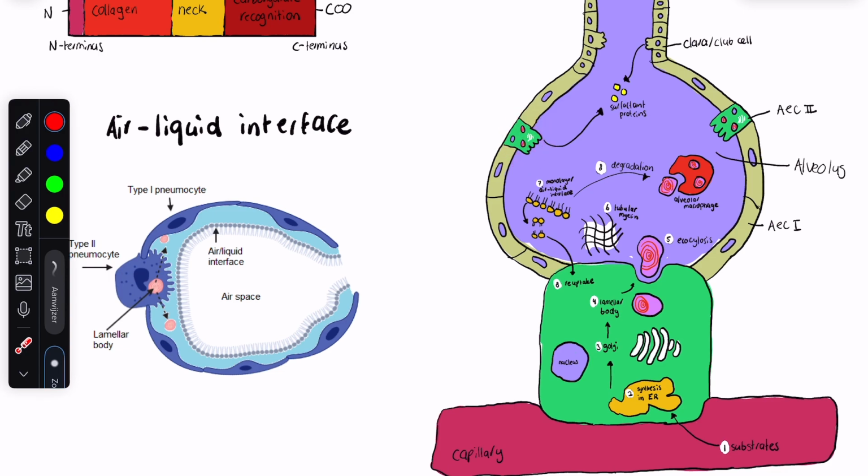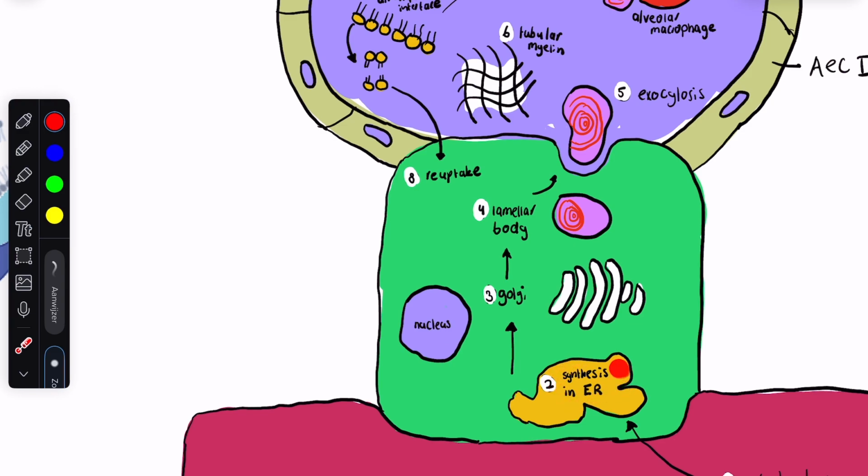And what you can see here is that normally when we eat, we have dietary substrates, and these dietary substrates are used within this alveolar epithelial cell type 2 to produce surfactant. The substrates are taken up by the type 2 alveolar cell. Here within the endoplasmic reticulum, surfactant is produced.